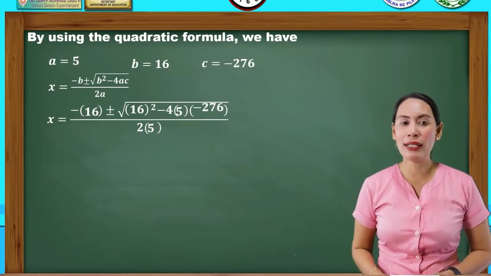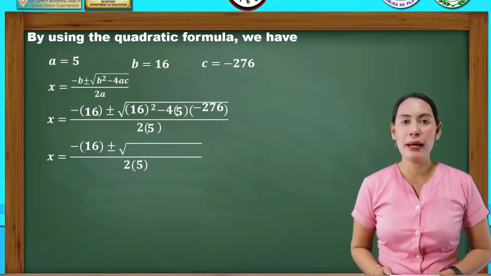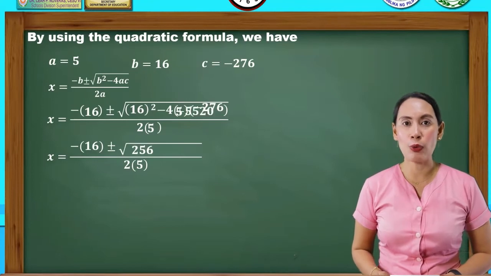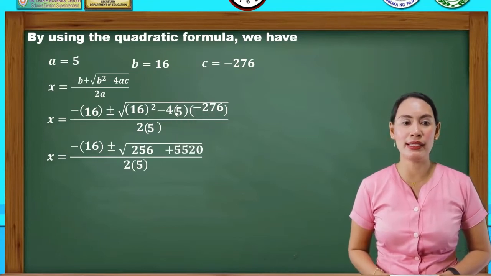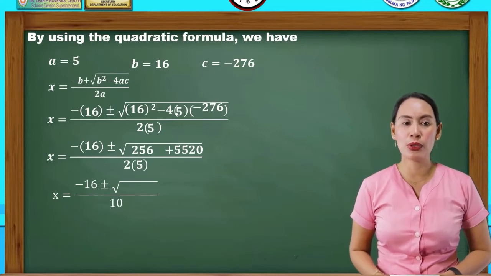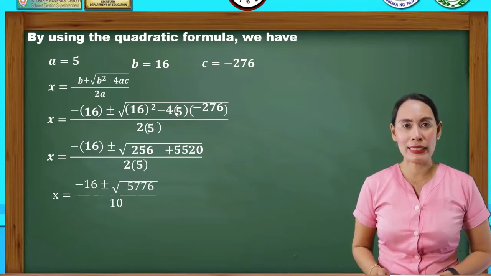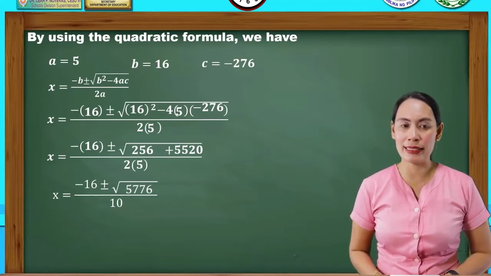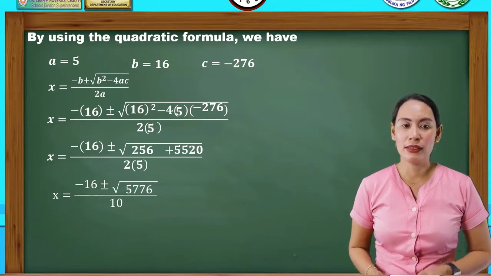So x equals negative 16 plus or minus the square root of 256 plus 5,520, all over 2 times 5. So x is equal to negative 16 plus or minus the square root of 5,776 over 10.